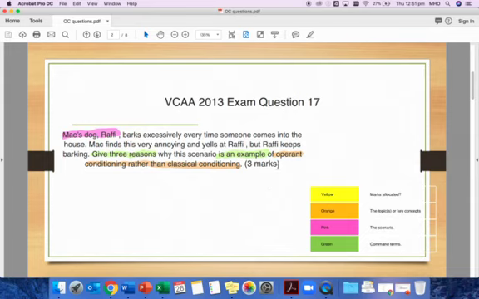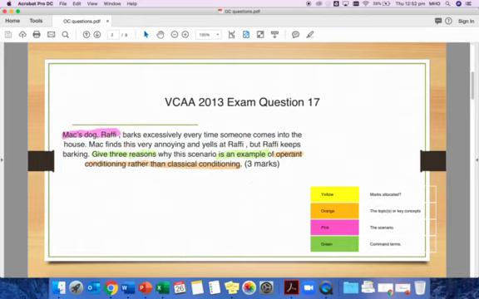Okay, so the marks there, it's out of 3 marks. And the scenario there being about Mac's dog Raffy. And in terms of the command terms, you have to give 3 reasons why this is an example of. So you're already using the scenario because you have to demonstrate why it's an example. And the topic there of operant conditioning rather than classical conditioning.